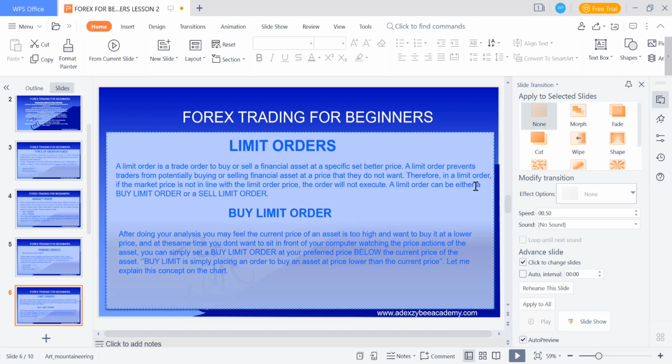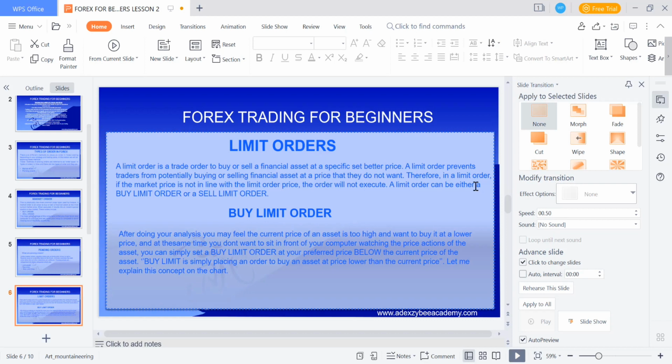Say the current price is 10 naira or $10, but you don't want to buy at that point. You believe it's too expensive. You want to buy it at 5. And they say we are not selling at 5 for now. You now say, okay, I want to place an order. Anytime it drops to 5, buy it for me, whether I'm there or not.